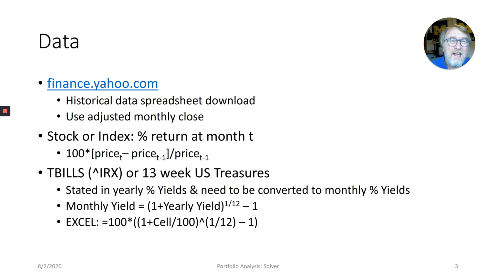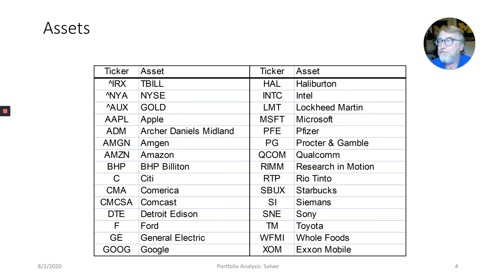Now, finance.yahoo reports a yearly yield for T-bills, and we have to convert that to a monthly yield because all of the data we're looking at is monthly. You think, oh, I just take the yearly divided by 12. That's kind of incorrect. If you're thinking about rates of return, there's a little bit more complex formula than that. They tend to be very similar, but a little bit different.